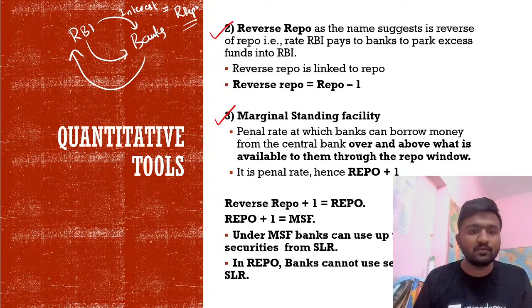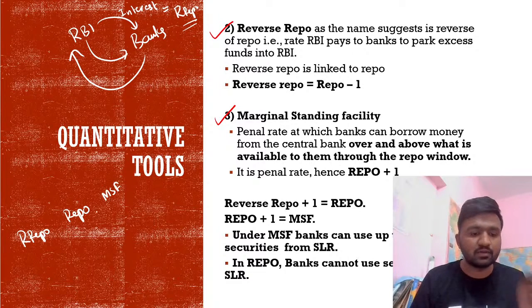Usually there is a relationship between reverse repo, repo and MSF. Understand this relation and remember it. Usually reverse repo will be lesser than repo, and repo will be lesser than MSF.